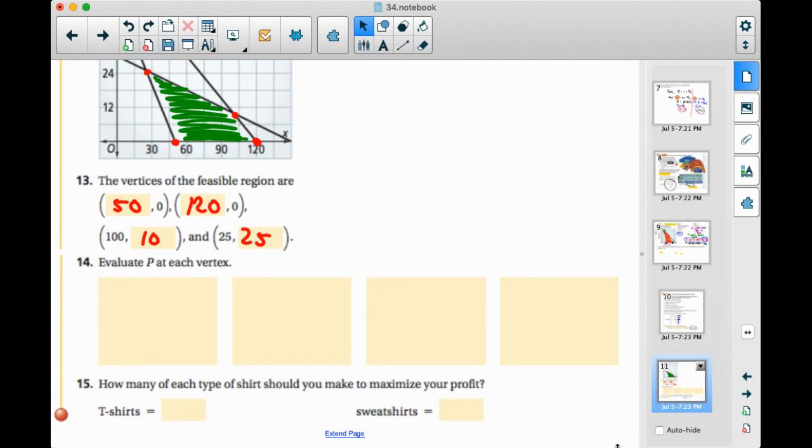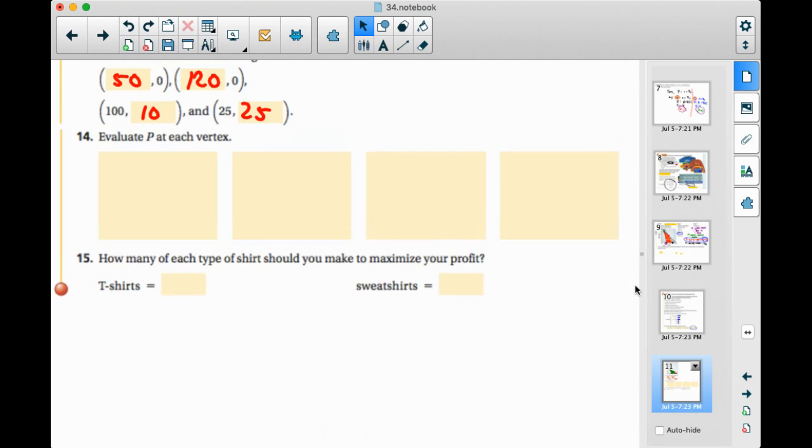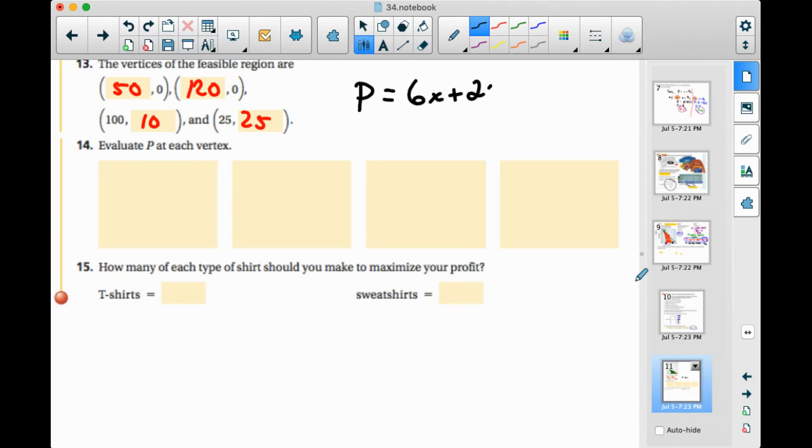So we need to maximize this with our objective function. Let's figure out which one is going to be the best. Our objective function again is 6x plus 20y. So let's use our ordered pairs. The first one we'll do is 50, 0.